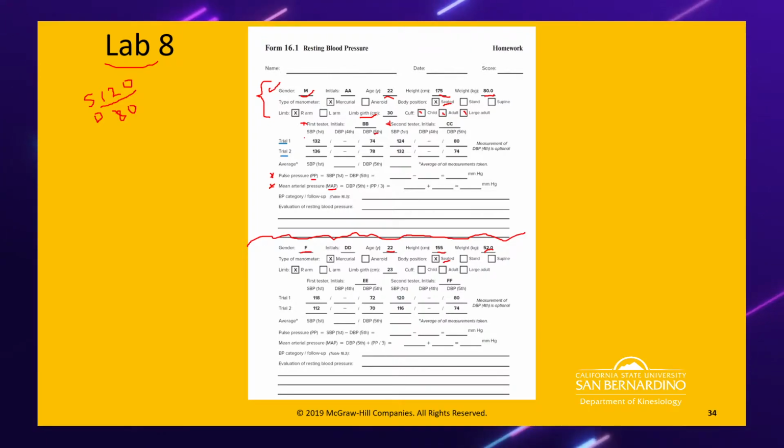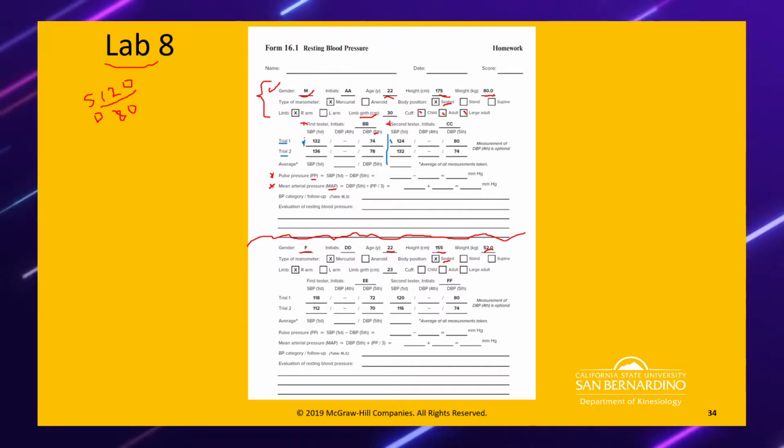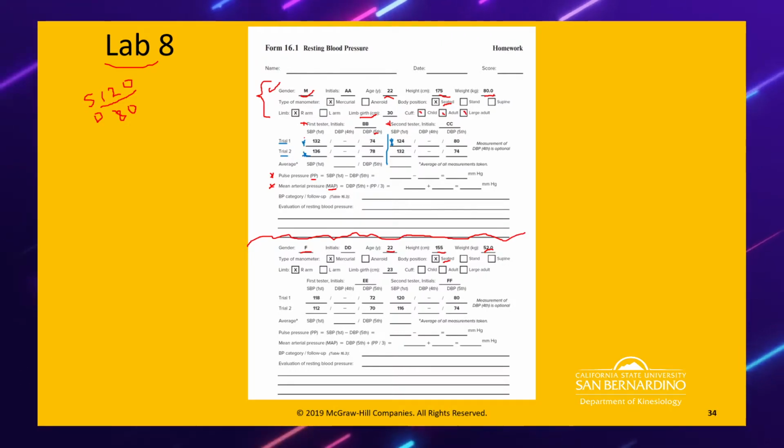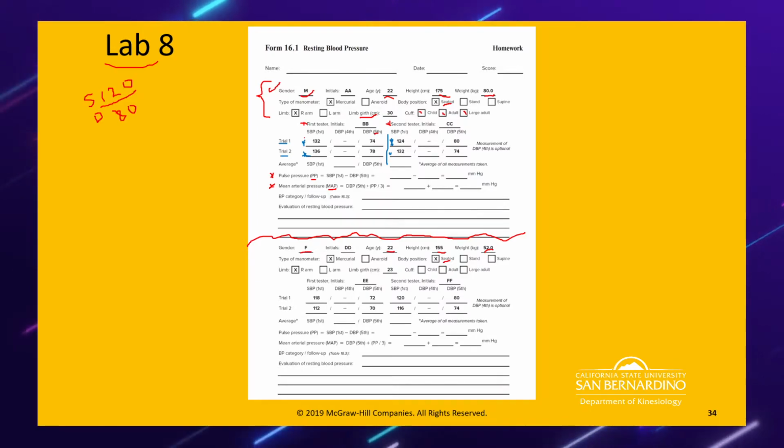So if I draw the blue line right there, you can see the separation between the first test and then the second test within the same trial. And for the second trial, this was the first test and the second test. So really we have 1, 2, 1, 2, 3, 4 numbers to deal with.